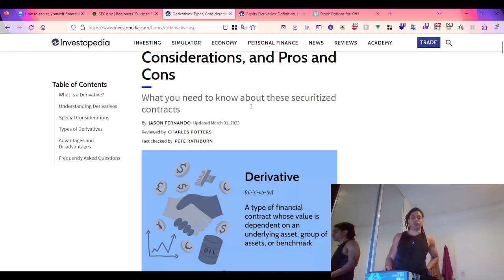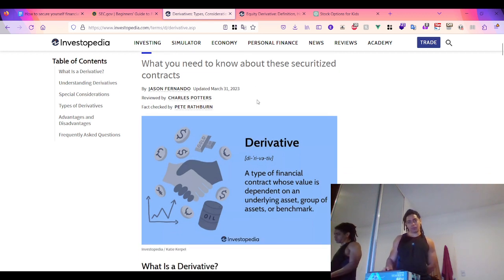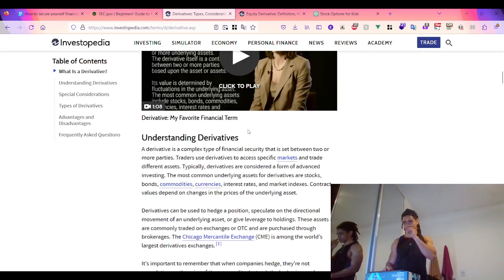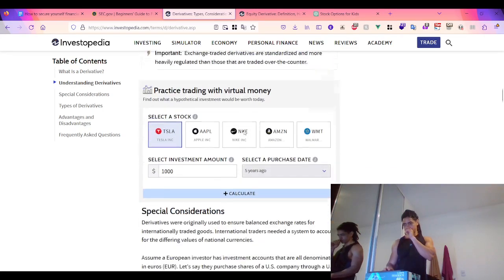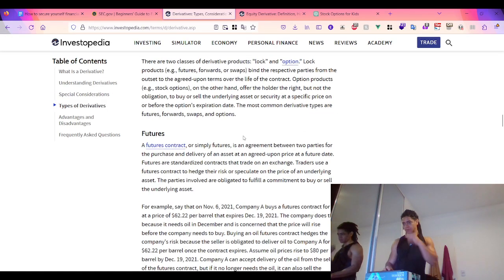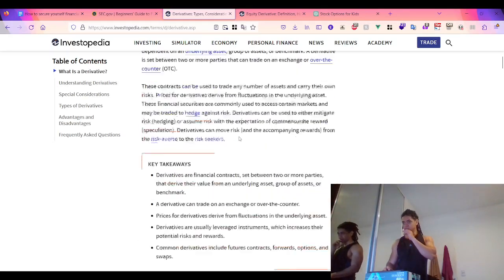That is one example of a derivative. It can also be a group of assets, whether currency, oil, or gold, or a benchmark, such as the Standard and Poor 500, S&P 500.